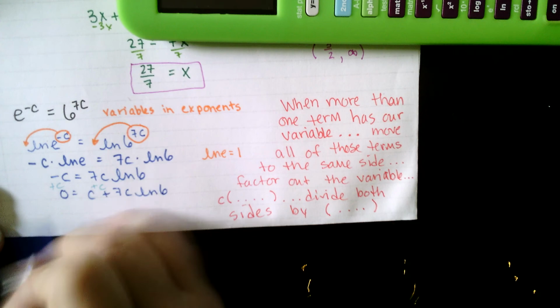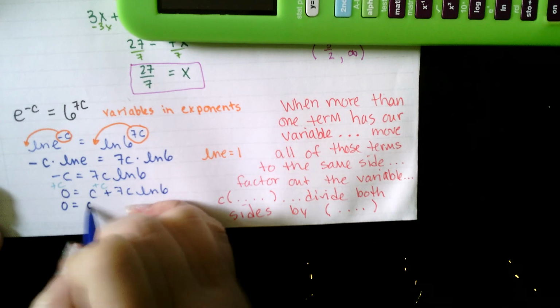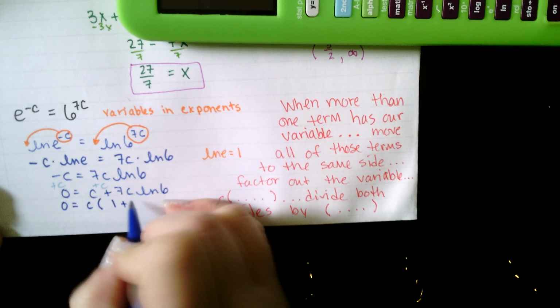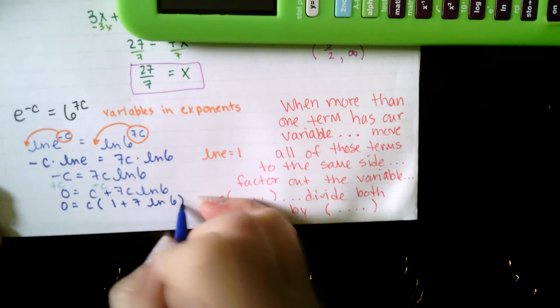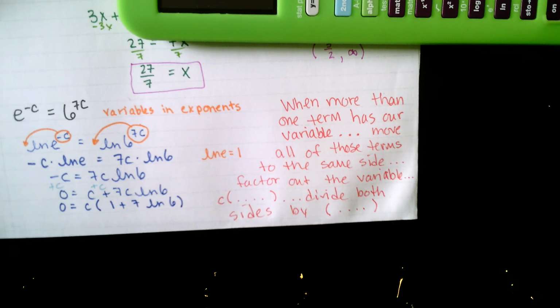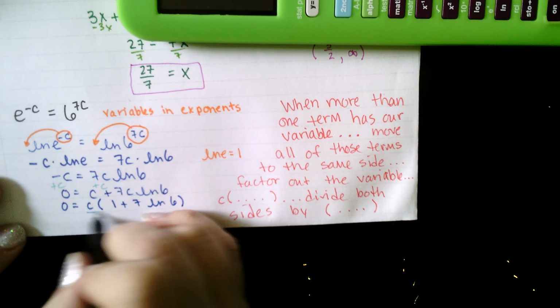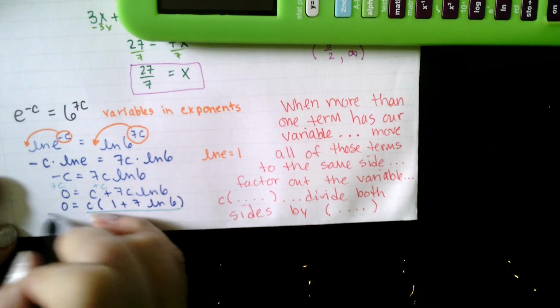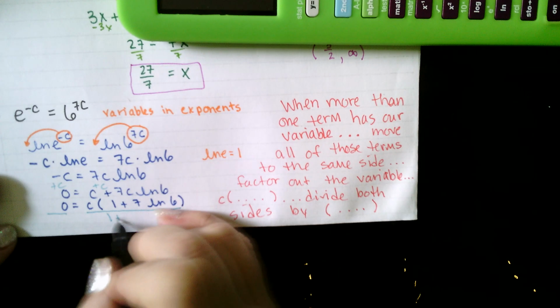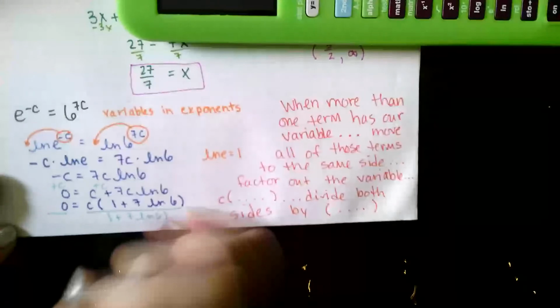Then I'm going to factor out a c, so I get 0 equals c times 1 plus 7 natural log of 6. Then I'm going to divide both sides by that parenthesis. So divide both sides by 1 plus 7 natural log of 6.